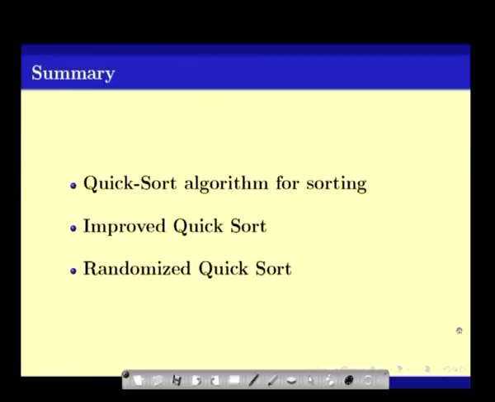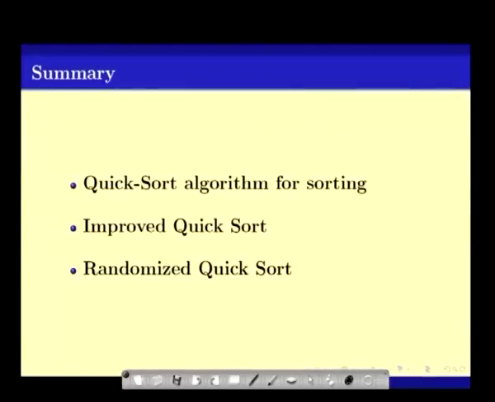To summarize, we have the quicksort algorithm for sorting, and then we looked at the improved quicksort algorithm, whose parameters were identical to insertion sort, and then we saw that if we do a randomized quicksort, the expected running time goes down significantly from n square to n log n.